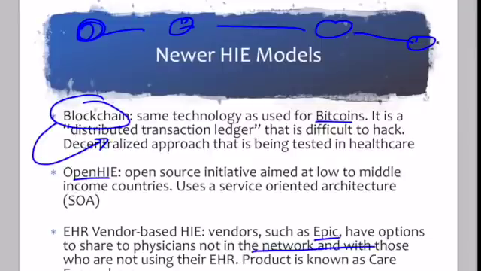Epic is a very famous and big vendor, and in their complete EHR system, they have modules for sharing information among different EHR systems deployed elsewhere. But purchasing that system, such as Epic, is costly and probably not affordable for smaller networks.